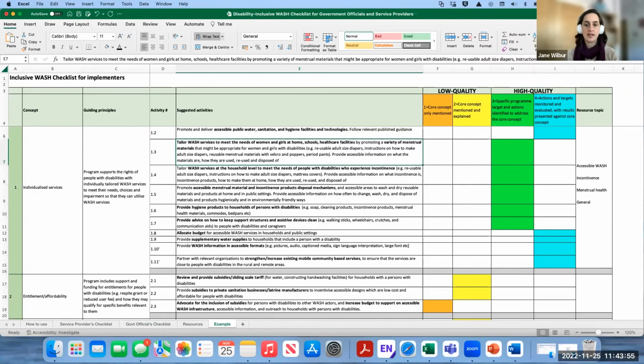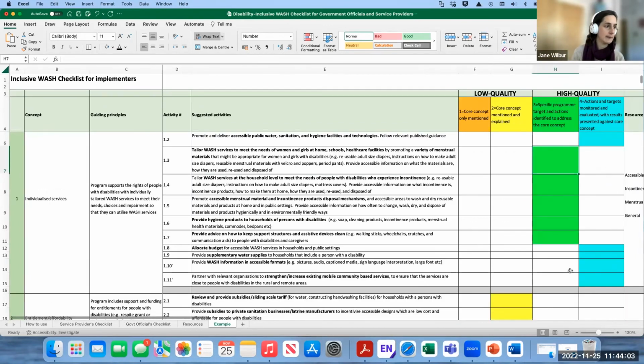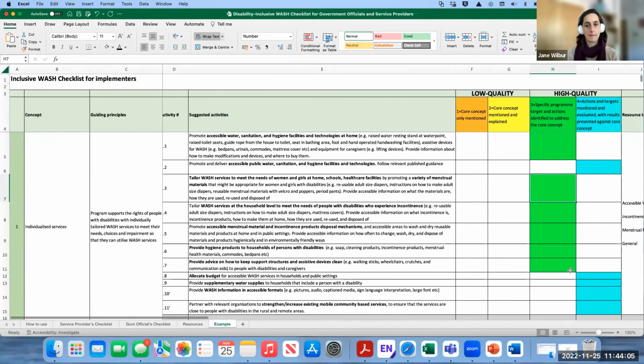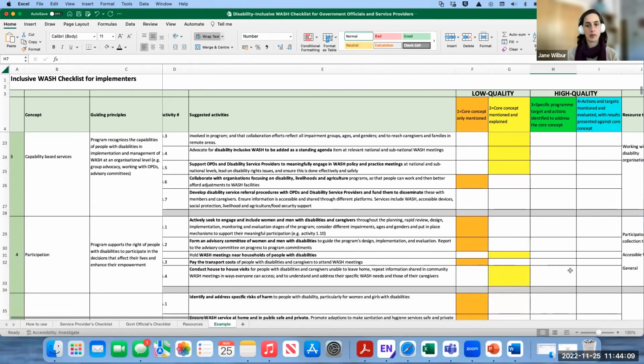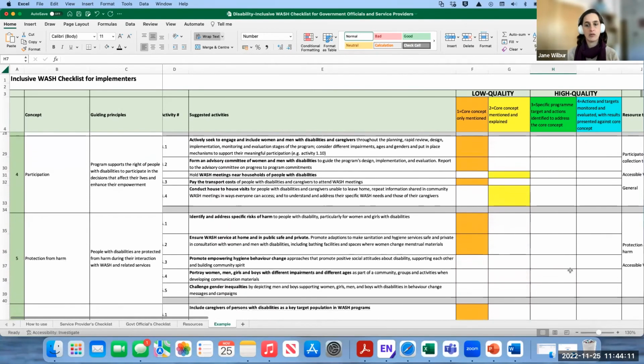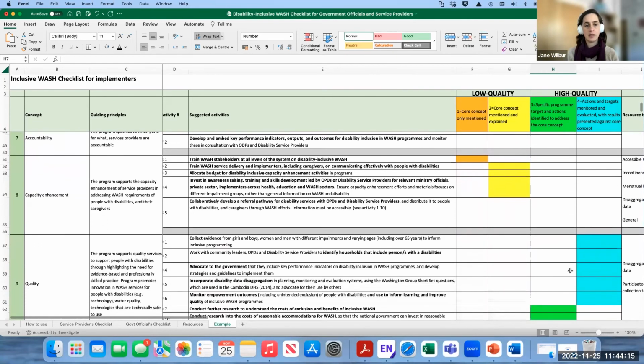So you can see the scores have been added against the concepts. So those are these columns. Now I'm going to zoom in a little. So you see the scoring. Now there's a mix of low and high quality scores.